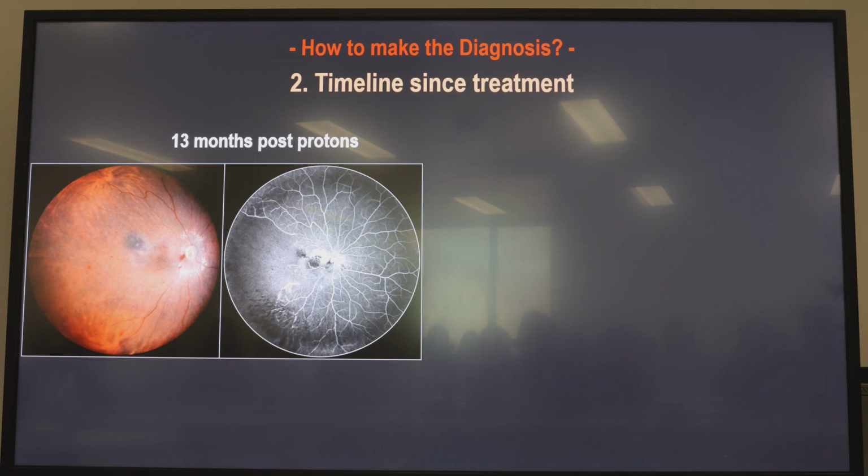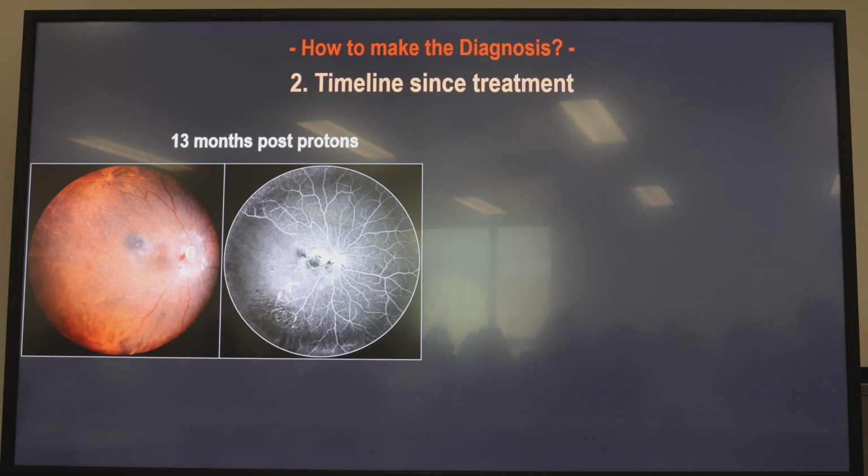Might it be something else? Timeline since irradiation counts. And classically, I would say between 13, 14 months, 1.5 years, I see them standard, all at 1.5 years post-proton therapy, and then I go actively looking with my panoramic angiography for the ischemia, as you see here, and then we treat it with laser to get the patient cured.